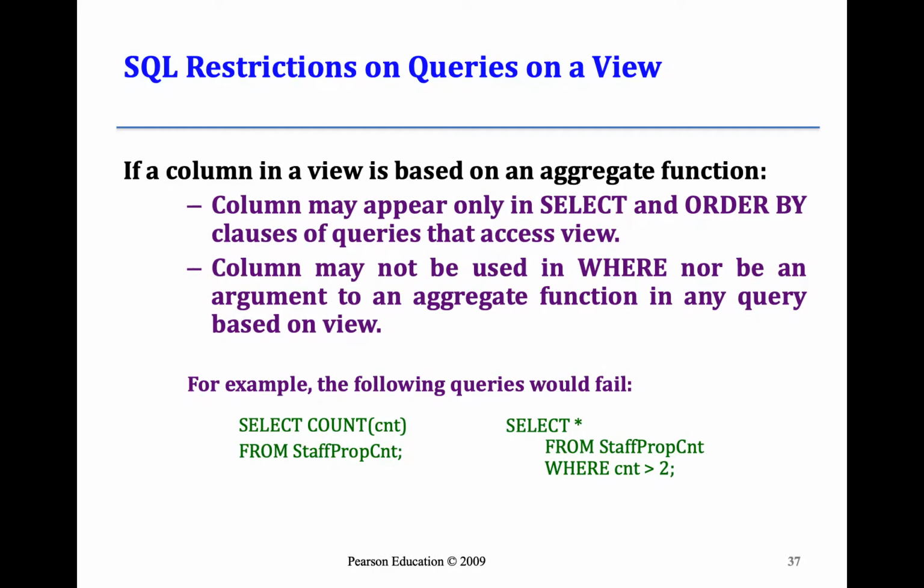So MySQL takes a more relaxed view sometimes toward this. These might work in MySQL, but in the SQL standard, it's pretty strict that aggregated columns can only appear in select and order by clauses if they're part of a view. But like I said, I would be very interested to see whether having might work here.